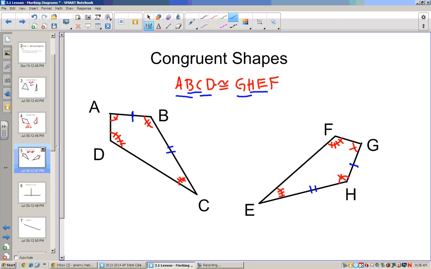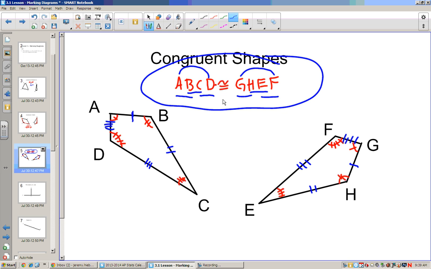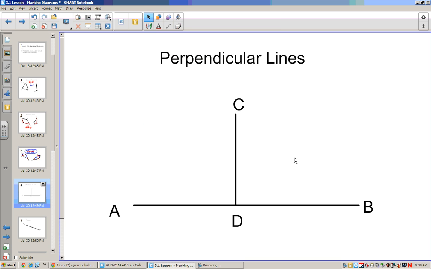And then the third letters, CD and EF. And then finally, the first and last of each of those will be congruent. So AD and FG. So just by writing one statement of congruence here, we know all of these things are congruent to all of these. So there's lots of information that this one statement will tell us.